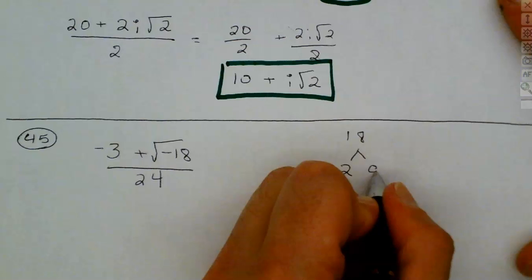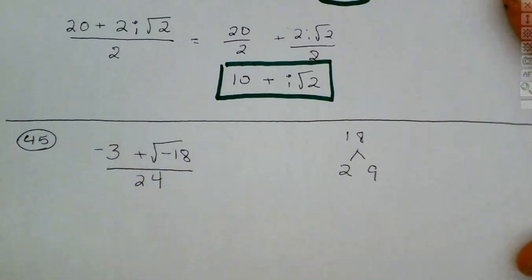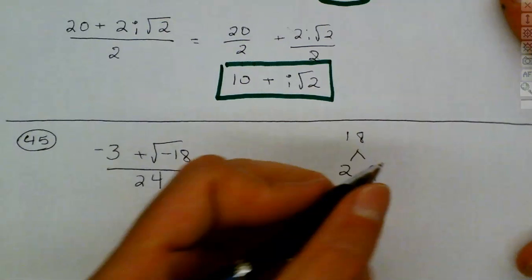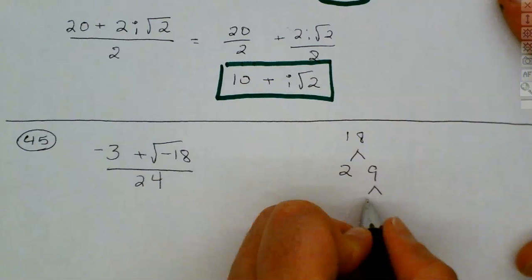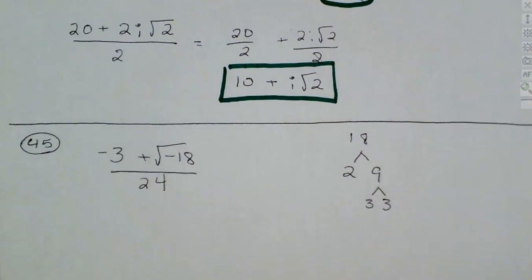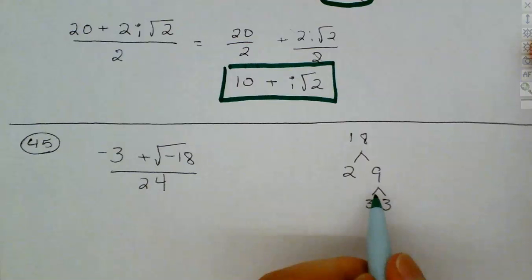And now, why did I not use 3 and 6? I could have used 3 and 6, right? But I know that 9 is a perfect square of what? 3. So we want to try to use as many squares as we can. You could still do 3 and 6 and get the same answer. But I noticed that 9 is a perfect square and it goes in there. So that's 3 and 3. So the 3's get circled.